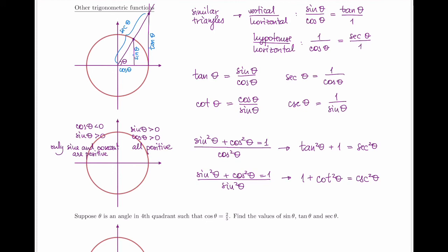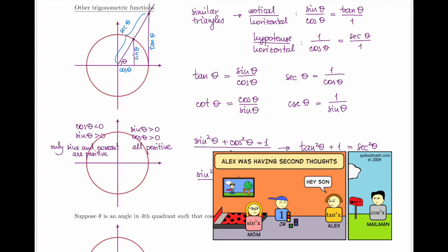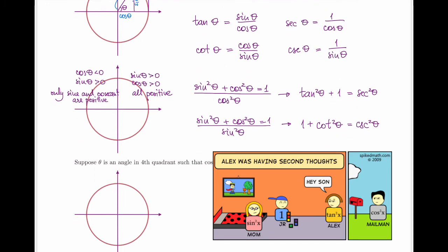Okay, and so you can go through the other two quadrants to figure out that in the third one, cosine is negative and sine is negative.